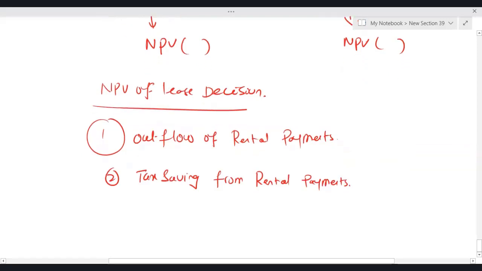Now listen and listen carefully. Most of the time, not always, but most of the time, rental also includes the impact of maintenance. Obviously that particular plant needs maintenance also. So normally a rental payment will be inclusive of that maintenance.